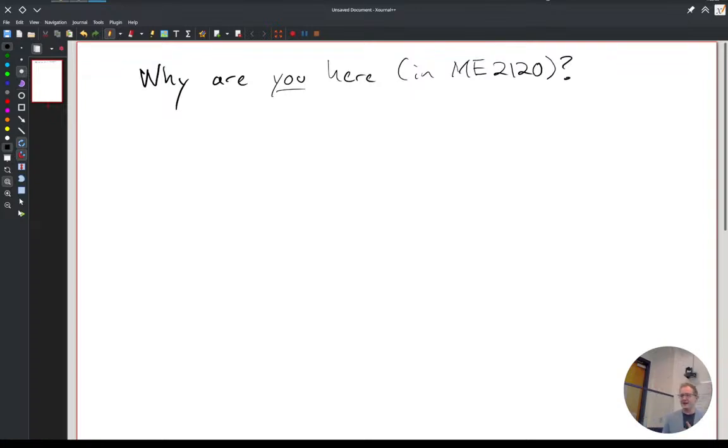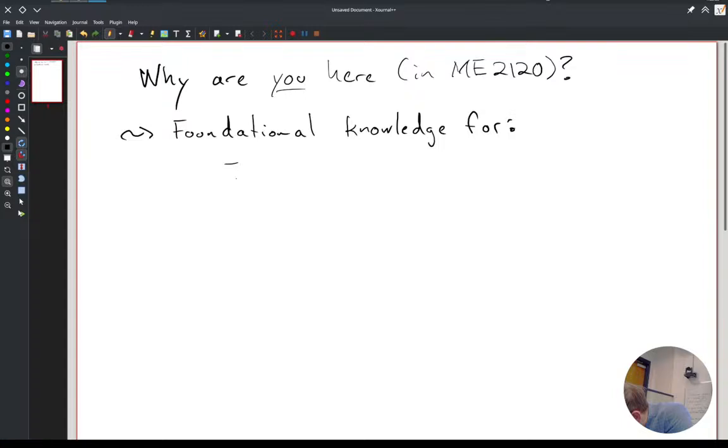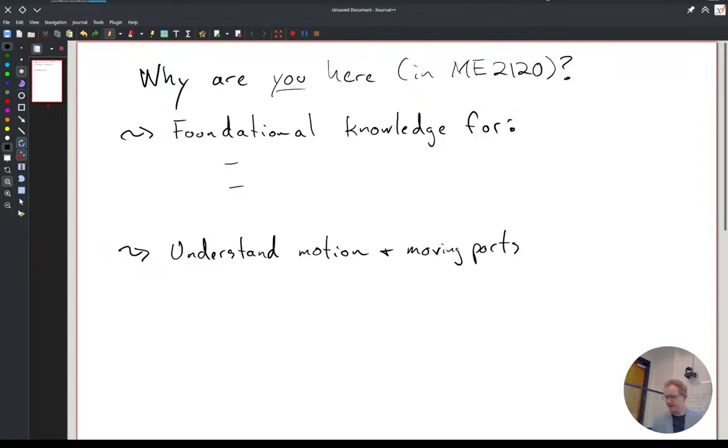All right, I didn't stop in on everyone, but I'll write down a couple of things that came up. So a couple of times the idea of foundational knowledge came up, and I thought that was interesting.